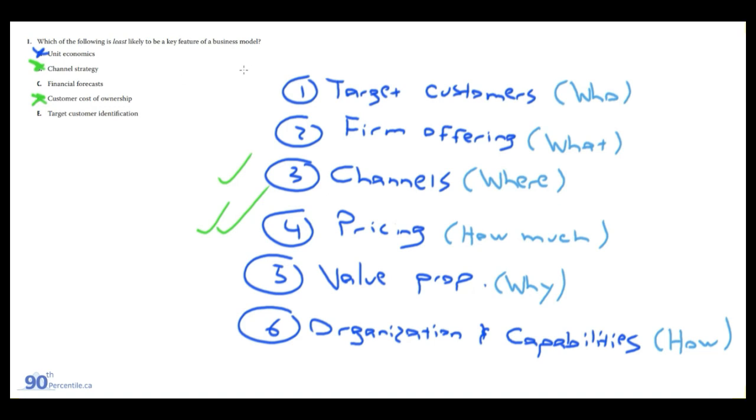And target customer identification, that's right up here, so that's not it either. Financial forecasts technically aren't part of a business model. The way they think of it, business models are more focused on delivery and how you're actually going to execute, whereas your financial forecast is more your outlook and your plan, which is a little bit different than a business model and how you actually execute.